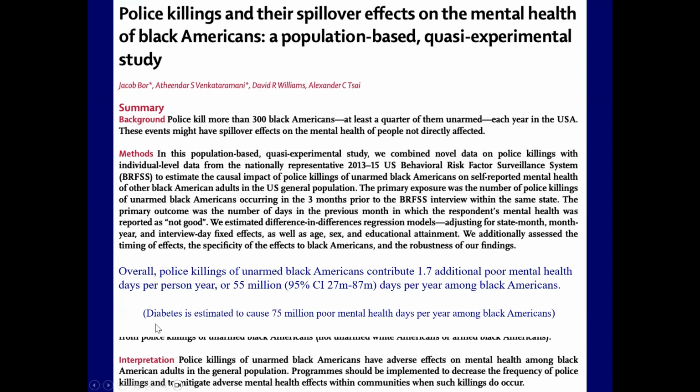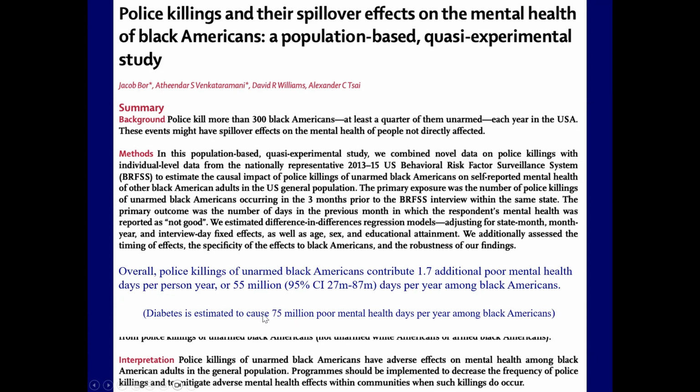Compared to diabetes, which contributes 70 million poor mental health days per year among Black Americans, we can see how severely police killings of unarmed Black Americans contribute to population-level poor mental health days.